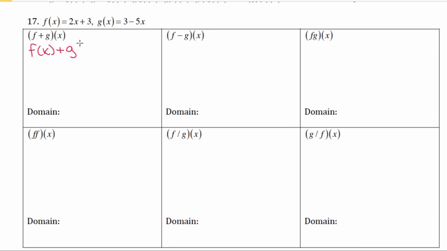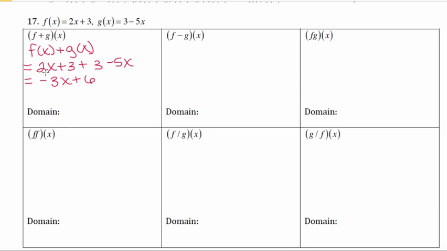F plus g means you are going to take your f of x and add it to your g of x. My f of x is 2x plus 3. My g of x function is 3 minus 5x. And then all I need to do is combine like terms. So that's going to be negative 3x plus 6.